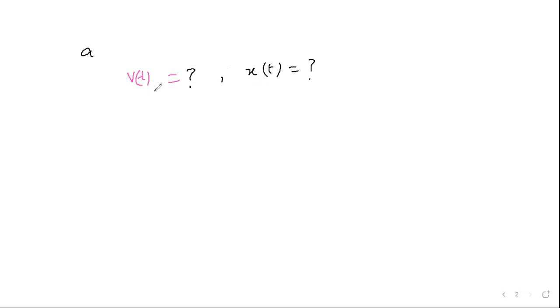Now we want to find v of t and x of t in case of constant forces, where acceleration is constant, right?